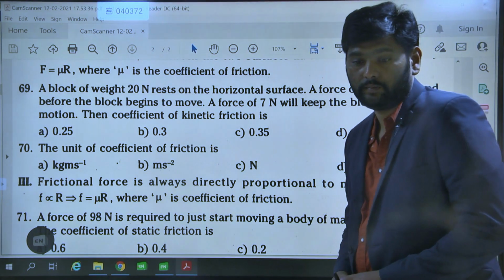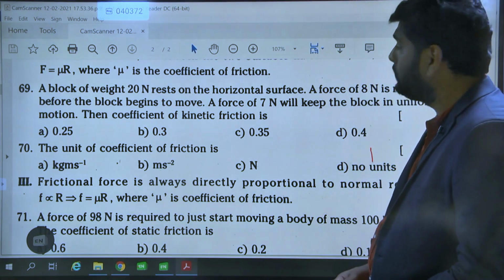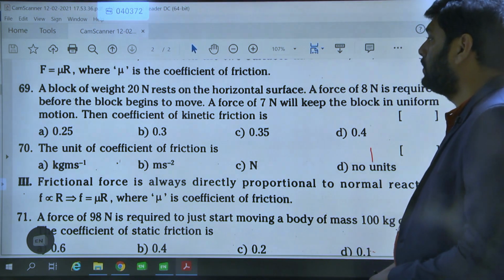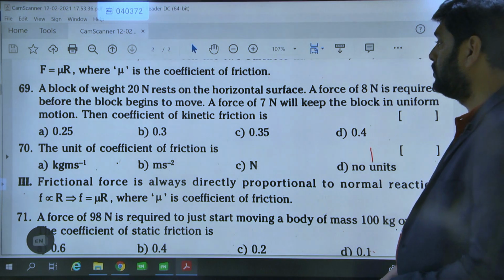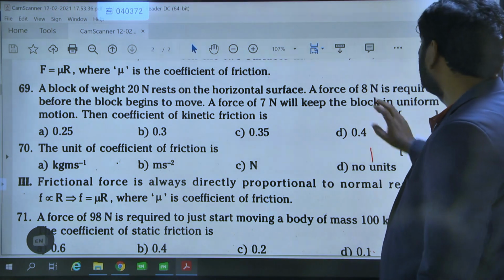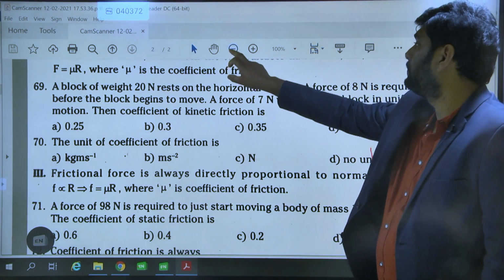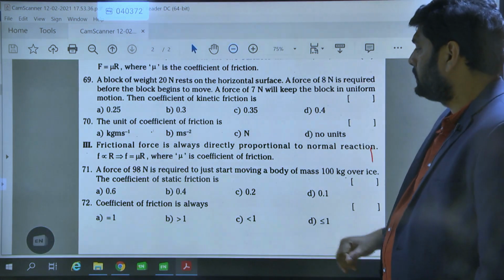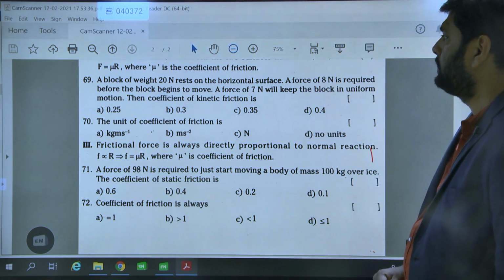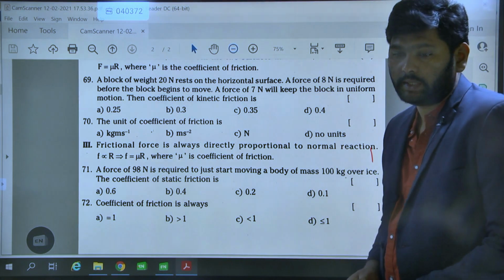A force of 8 Newton is required to make the block begin to move. The force of 7 Newton will keep the block in uniform motion. The coefficient of kinetic friction is... You can take this as a screenshot.